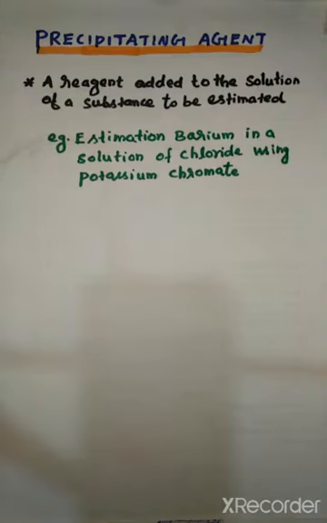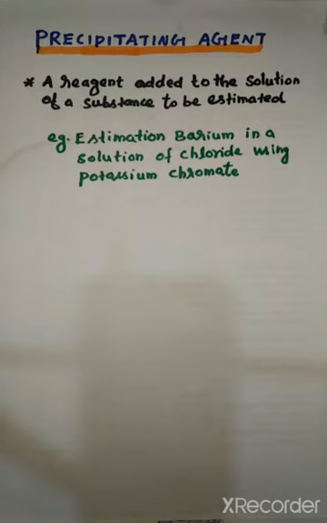For this lecture, in the last class we discussed what gravimetric analysis is, that is its principles, what the gravimetric factor is, how we estimate the gravimetric factor, and how to calculate the weight of the particular substance to be estimated.